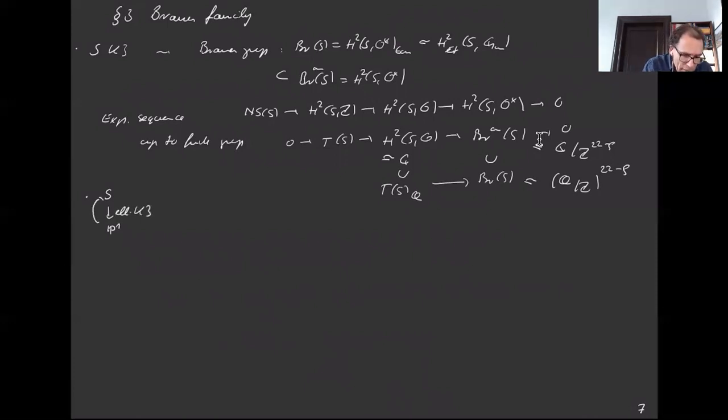Okay, then there's what's called the Tate-Shafarevich group, and again it comes in an algebraic and an analytic flavor. Let me this time start with the algebraic definition.